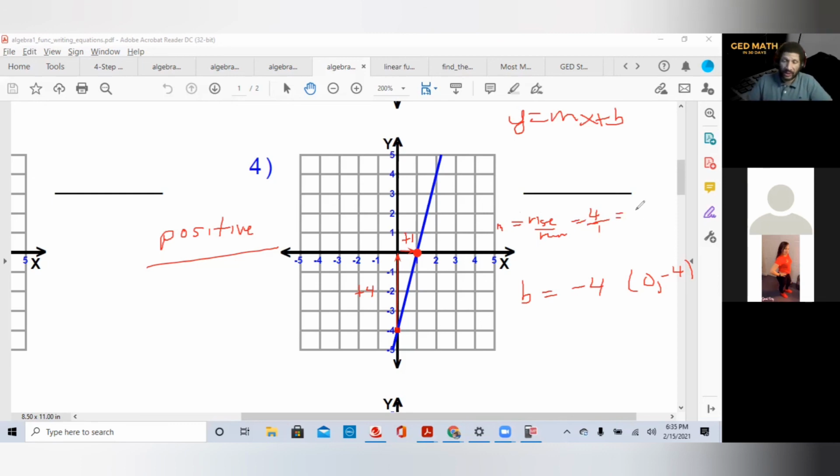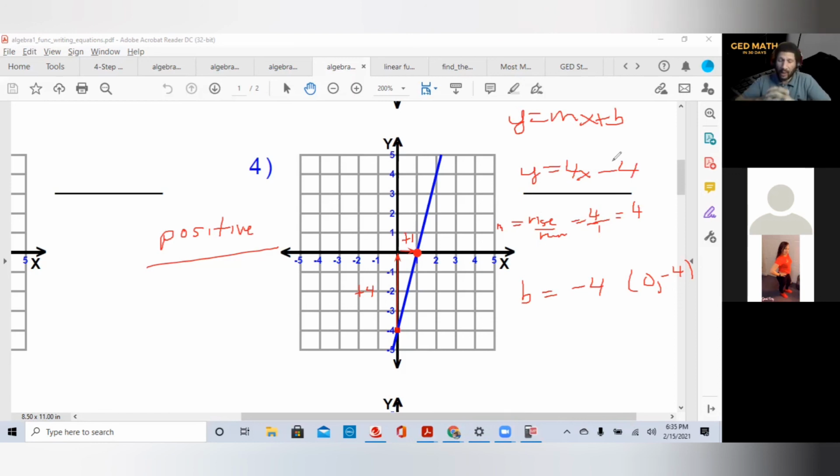But what can we simplify 4 over 1 to? 4. So what would our equation of the line be? Y equals 4x minus 4.